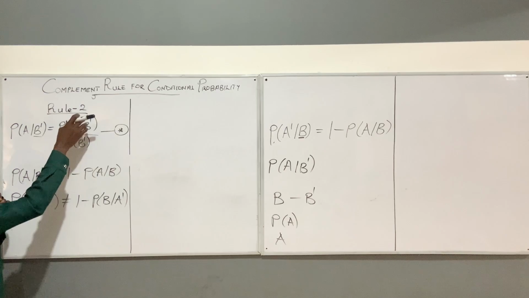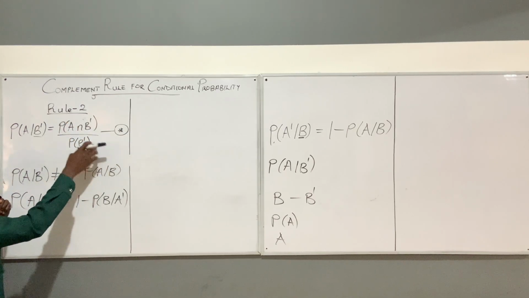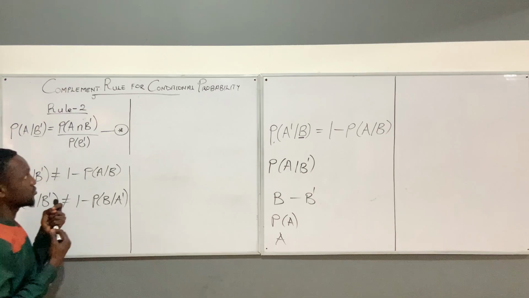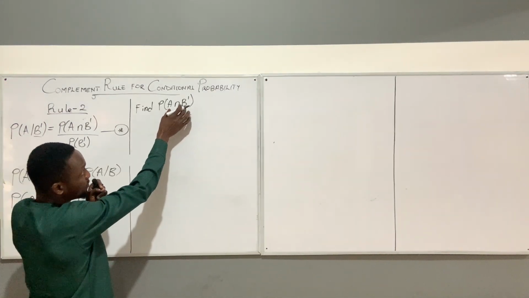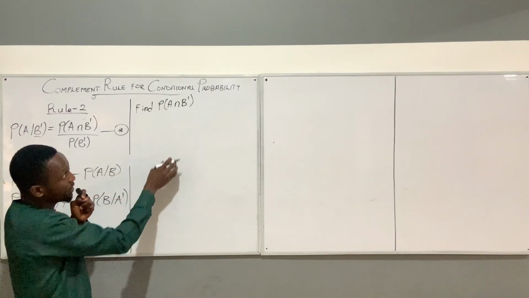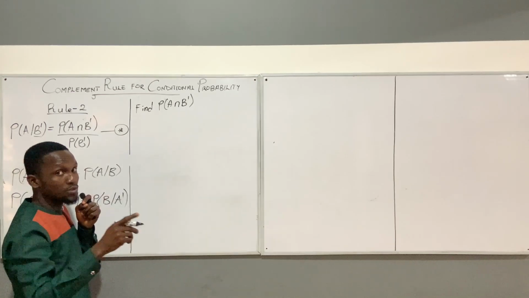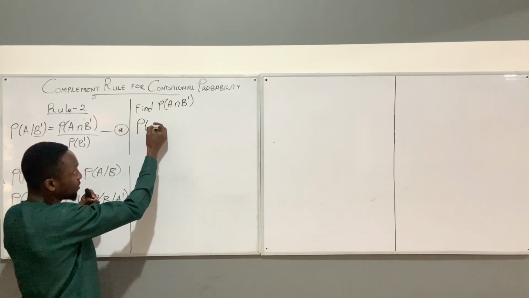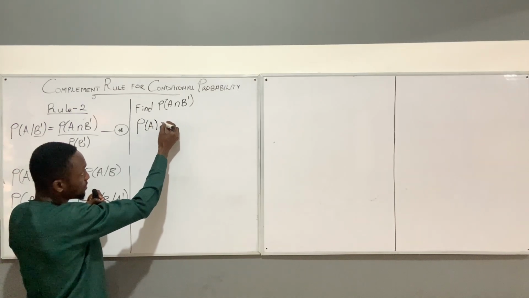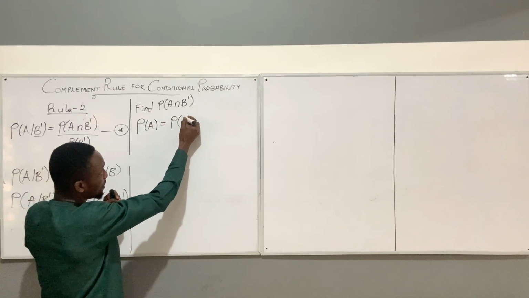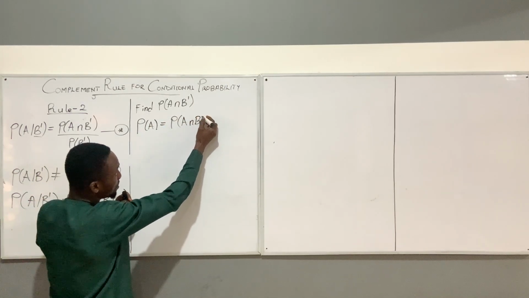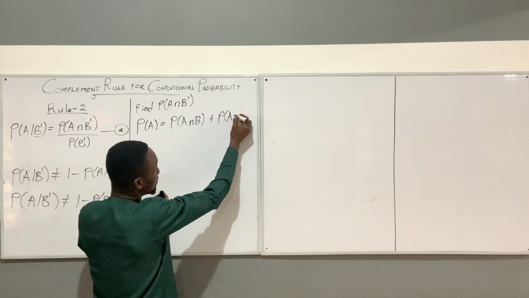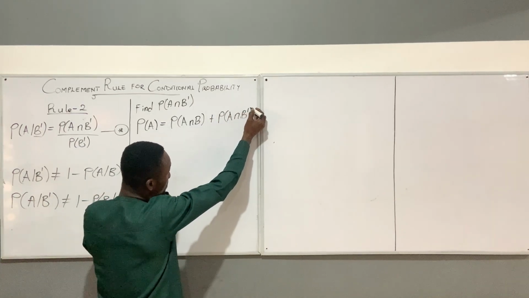So all we need to do is to consider equation star and find A intersection B complement. Now, to be able to calculate the probability of A given B complement, we need to start with the probability of A. The probability of A can give us the probability of A intersection B plus the probability of A intersection B complement.